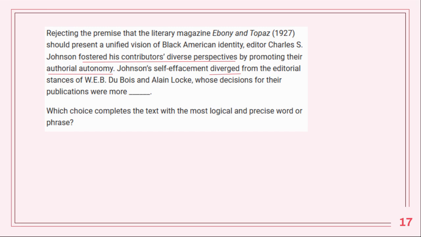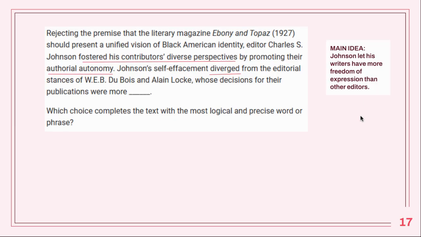So their decisions for the publication were more uniform. I'm guessing they didn't give their authors as much freedom as Johnson did, because they wanted a more controlled image. They wanted to talk about one vision, one perspective, right?